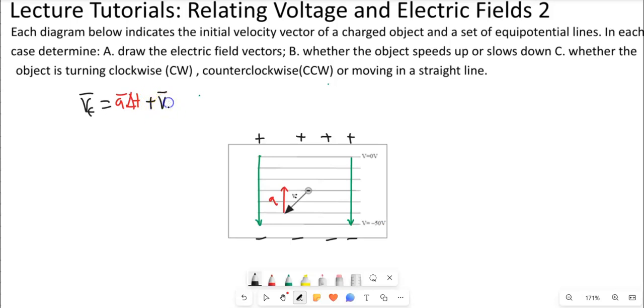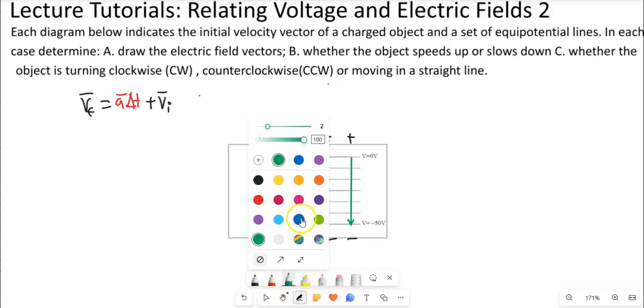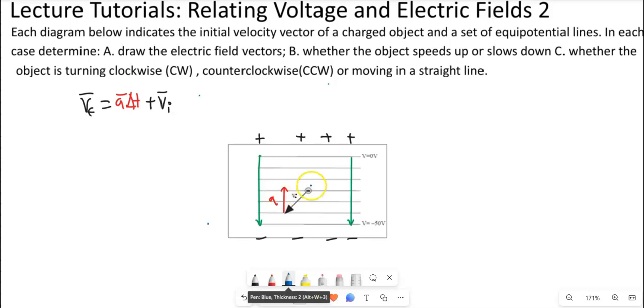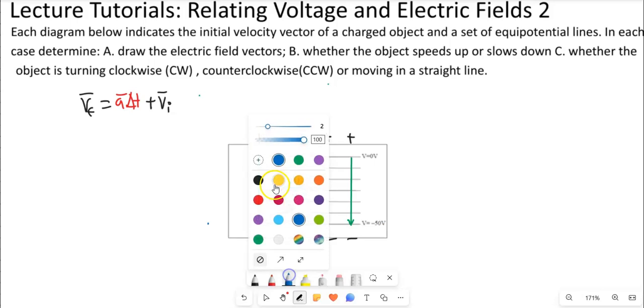I have an initial velocity vector. Now I have added my acceleration vector to it. So the final velocity vector goes from start to finish, and label that final velocity vector. Well, if you compare the size of the final velocity vector, it is smaller than the initial velocity vector, right?